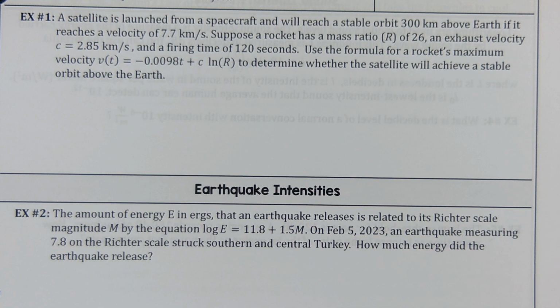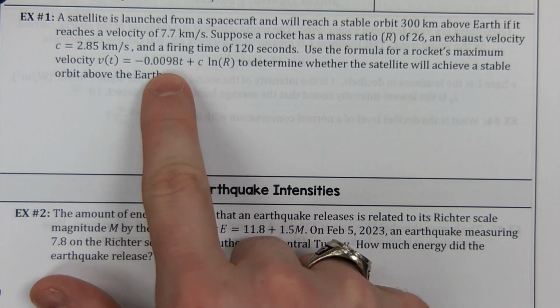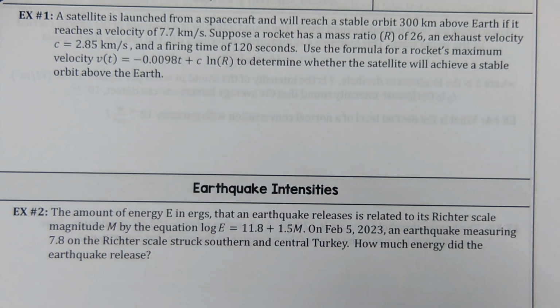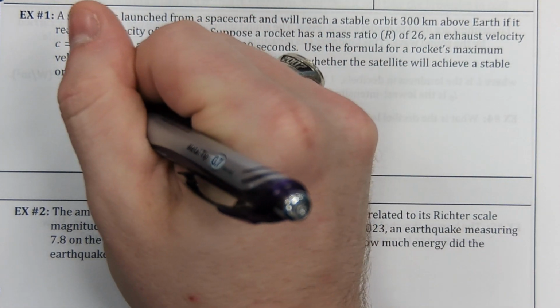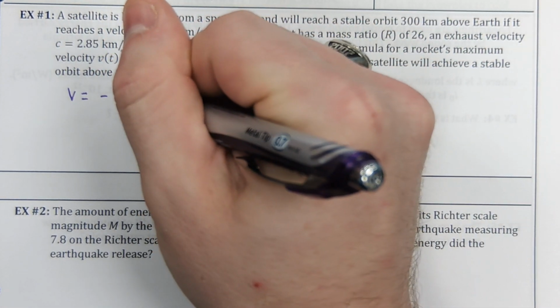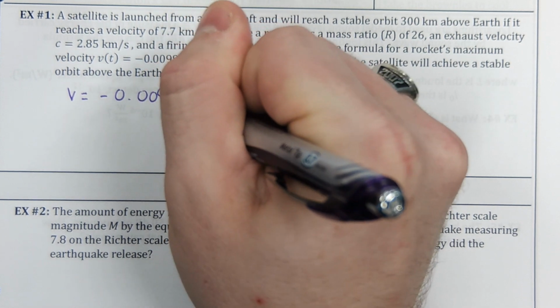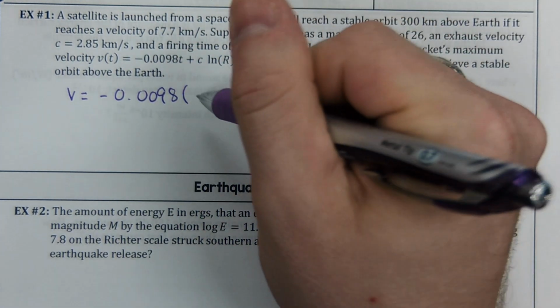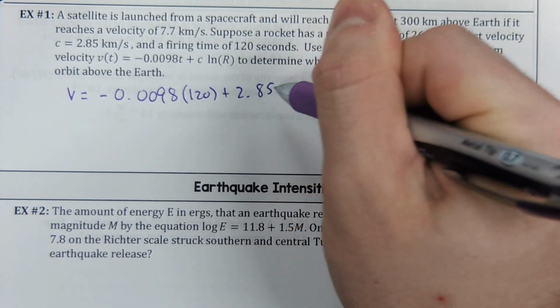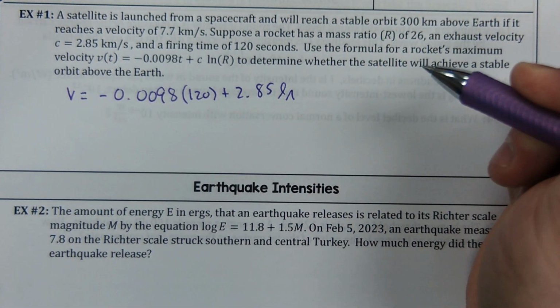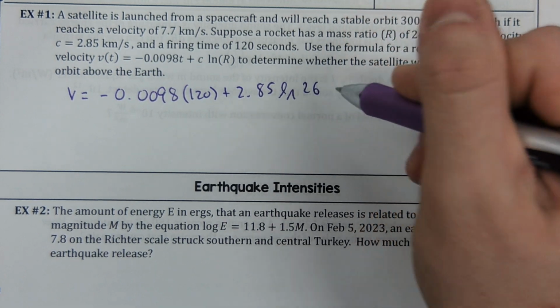Basically, all we need to do is plug in all the numbers that were given. We were given time, we were given C, we were given R, and we're just going to grab handy-dandy calculator and plug them in. It's actually a very easy question. So the velocity will be negative 0.0098 times 120 plus the 2.85 natural log of 26.